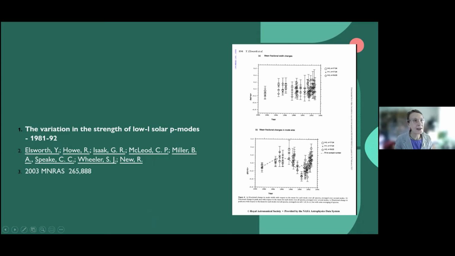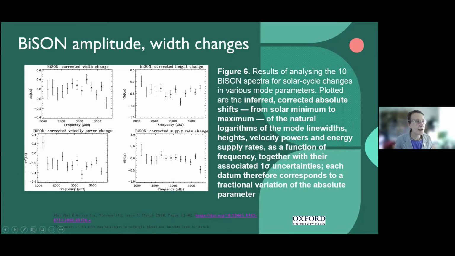And then a few years later, Bill Chaplin was able to show that in fact there is a small effect in the line widths as well. If you remember how these things work, the line width is inversely related to the lifetime of the mode. So the shorter the lifetime of the mode, the wider the peak that it shows up.